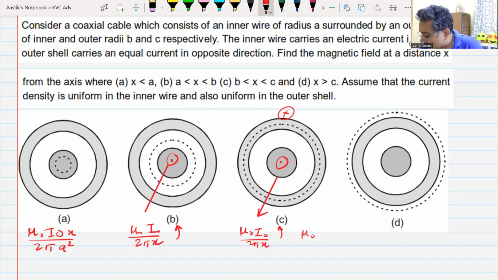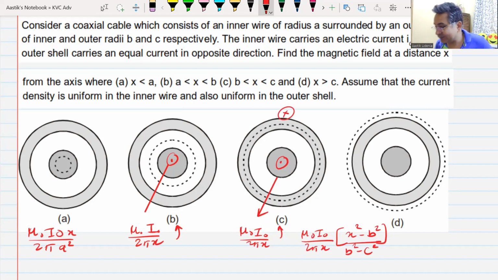Mu naught I by 2 pi x into x square minus b square over c square minus b square. Yes or no? Sir, c square minus b square. Yeah, c square minus b square. Got this? Yes, sir. In the fourth case, it will be 0 because both the fields will cancel out each other. Yes or no? Yes, sir. That is the answer in this case.